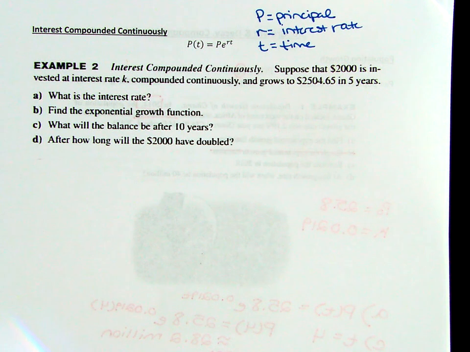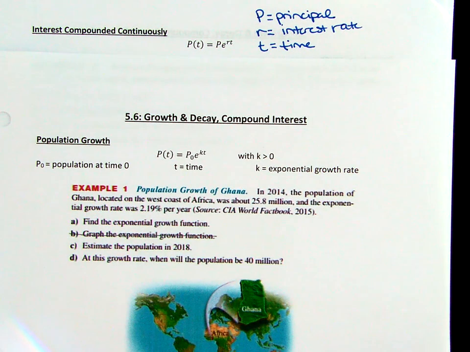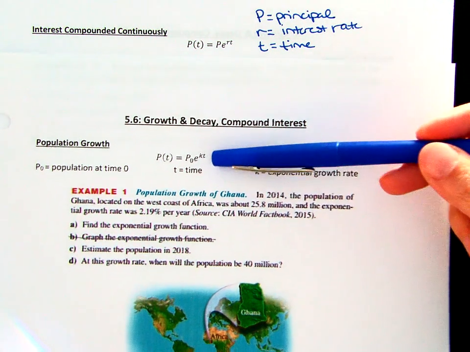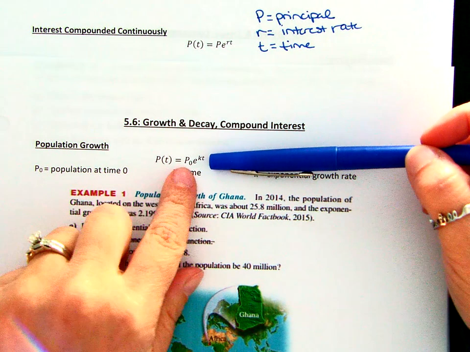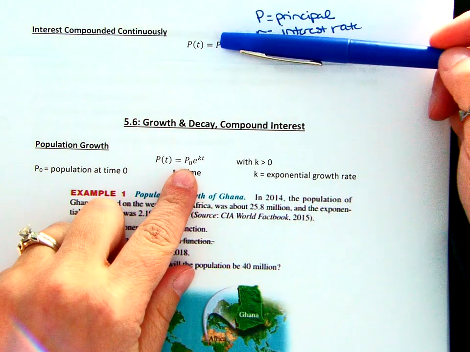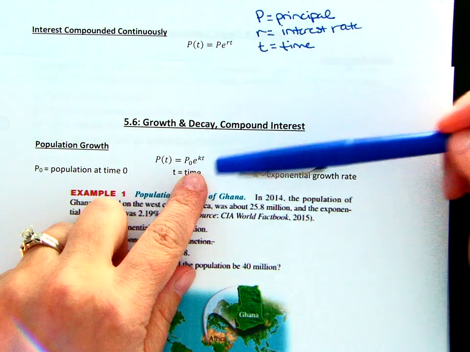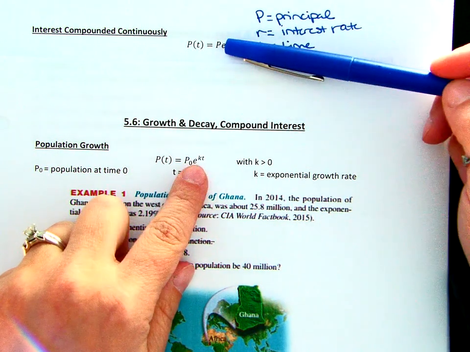But if you compare that with the function that we just did with our population growth, it's the exact same thing. We have a starting amount, or our starting population, or our starting dollar amount. We have our P times E, and then we have it times the rate times the time. It's the exact same thing.